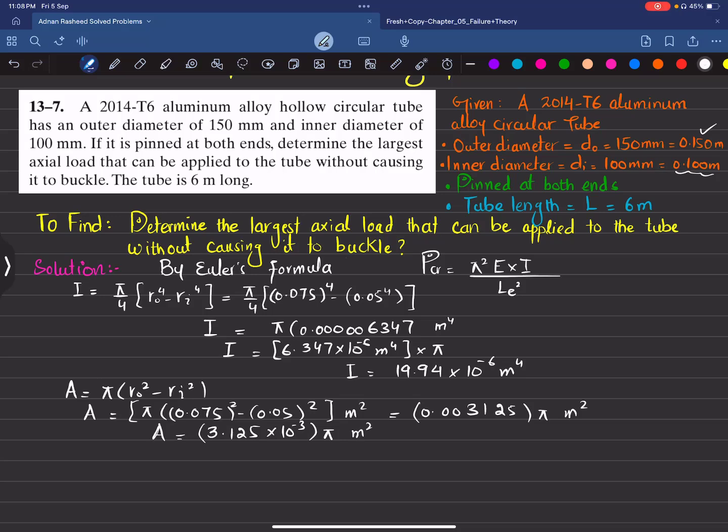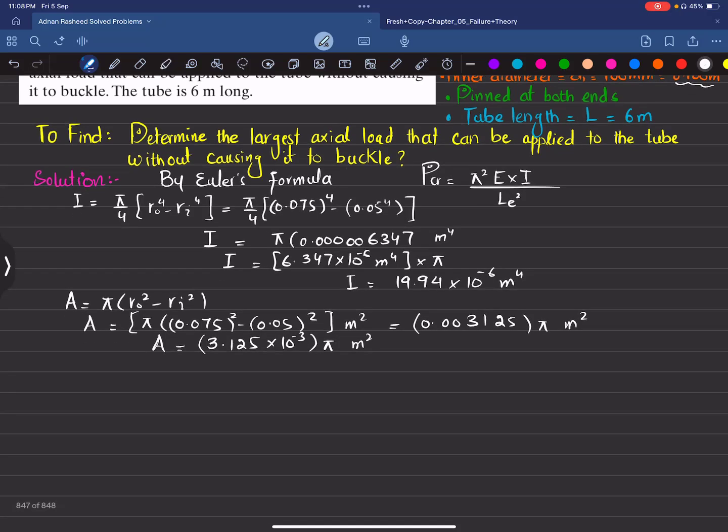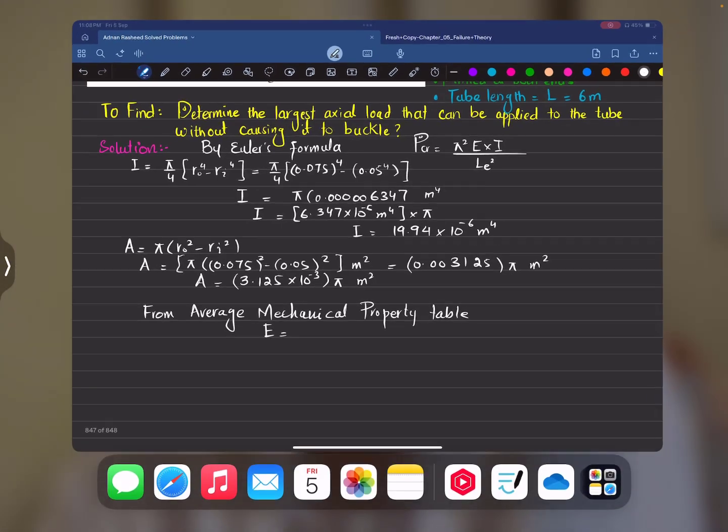Now what we are going to do is get the value of E from the average mechanical property table. So let's move and find the E value for that material.